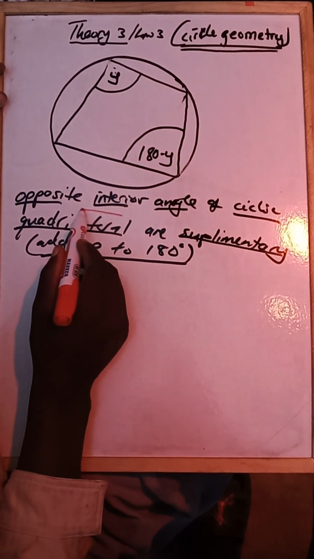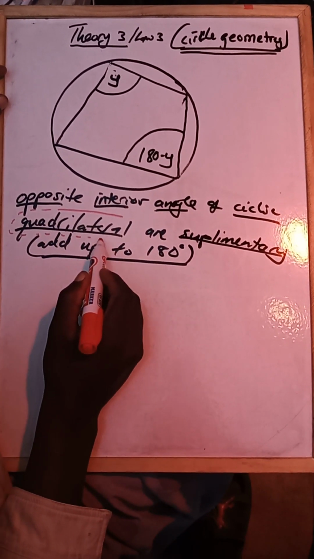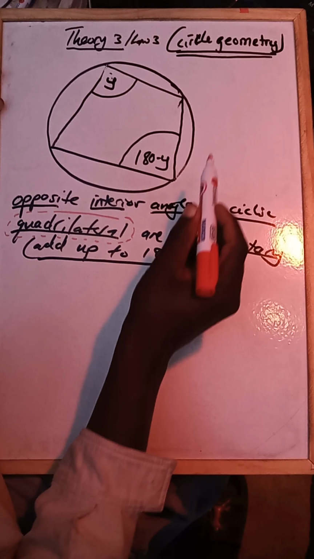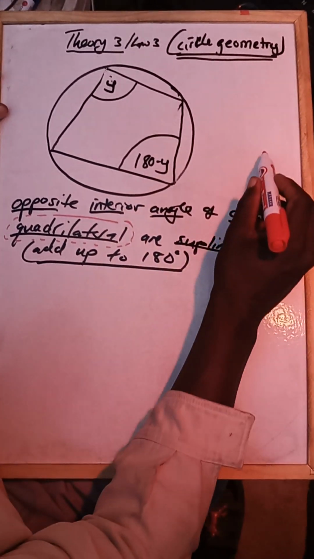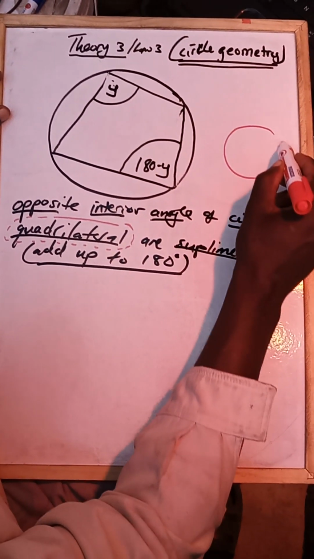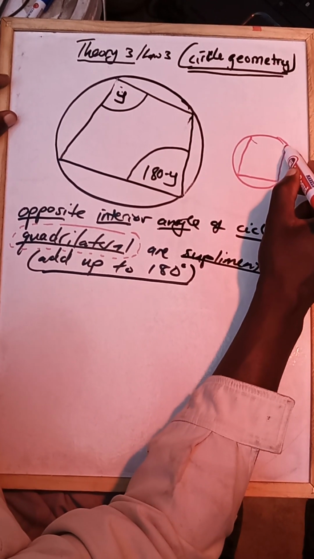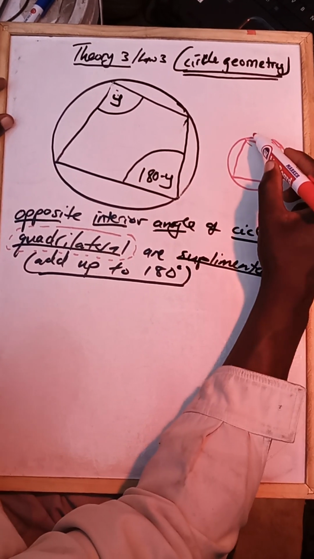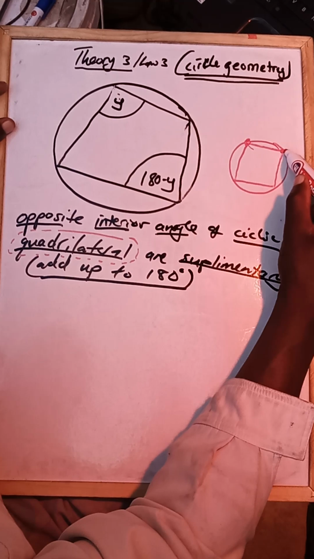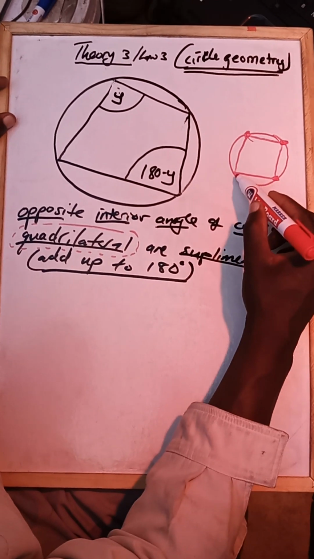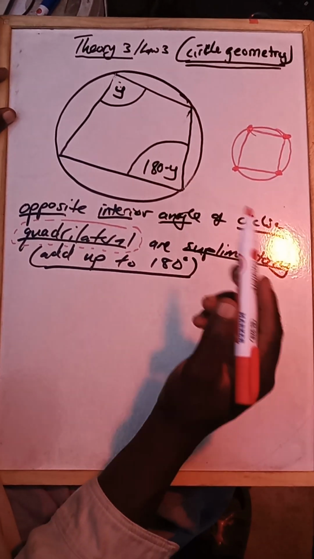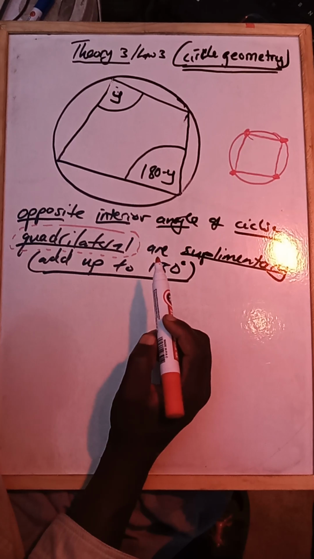A cyclic quadrilateral is a quadrilateral inside a circle, with all its corners touching the circumference of the circle.